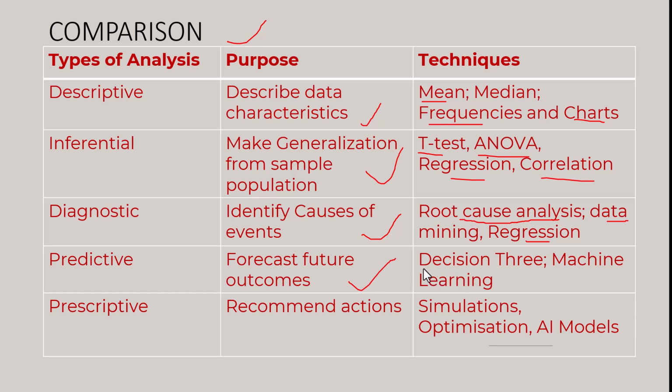You can use decision tree, machine learning to achieve predictive statistics. We have the prescriptive analysis. In this case, actions are recommended after analysis. You can use simulation, optimization, or AI models to achieve this.